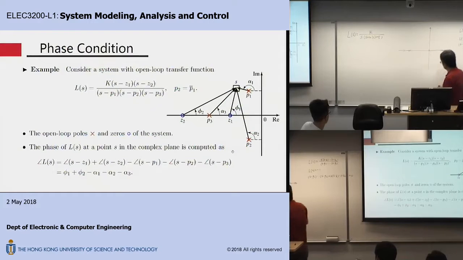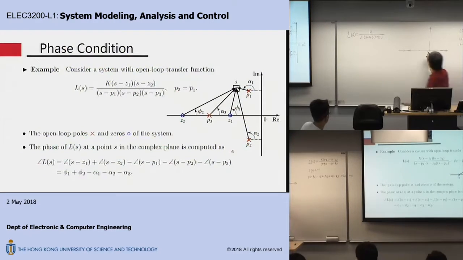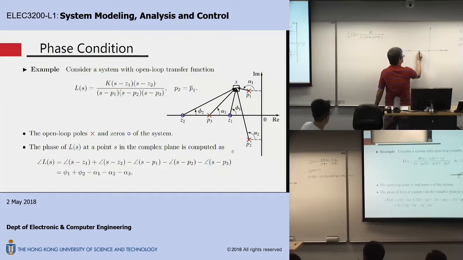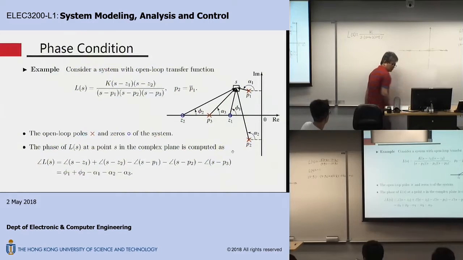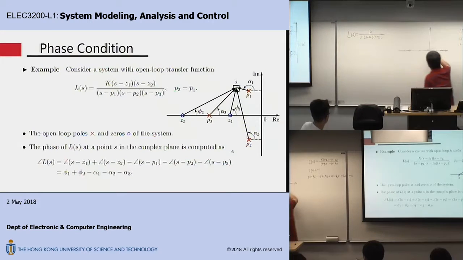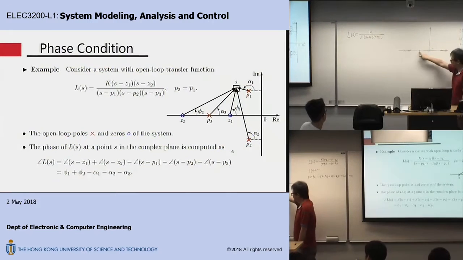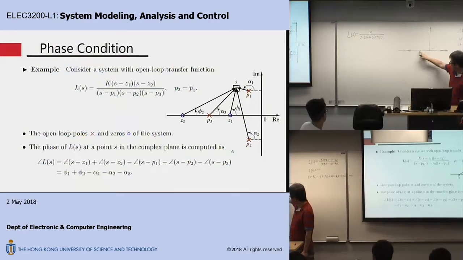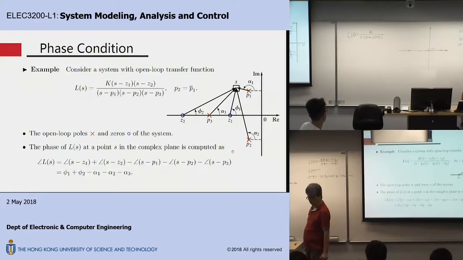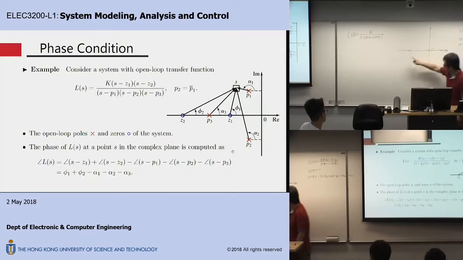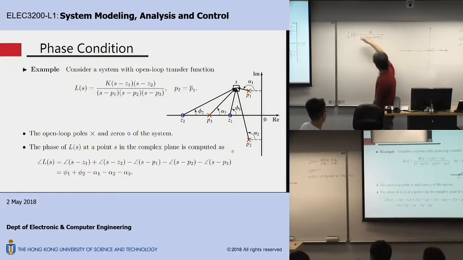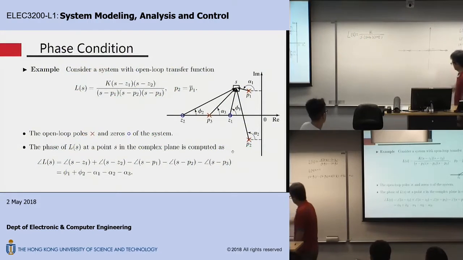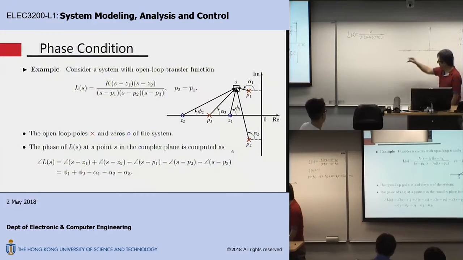But what about this? You draw a vector this way, and indeed here I have a 180 degree phase. So a pole on the right-hand side of the point will contribute a 180 degree phase to L(s) when this number is plugged into L, let's simply call it s.